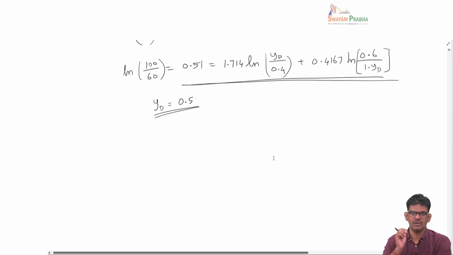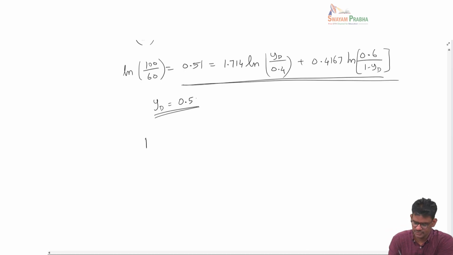Now to get the average composition of the condensate, we use the mass balance.